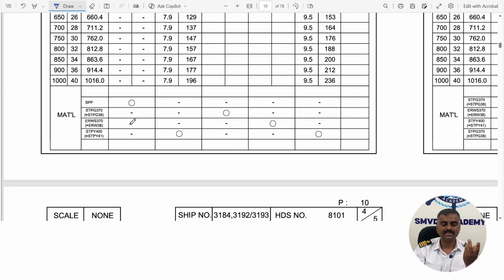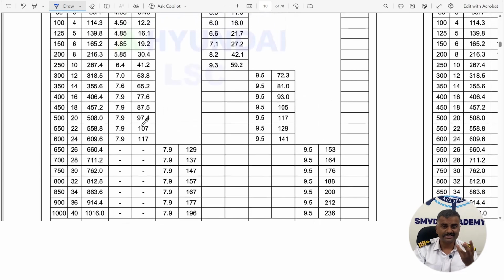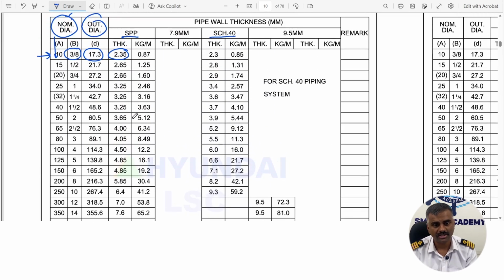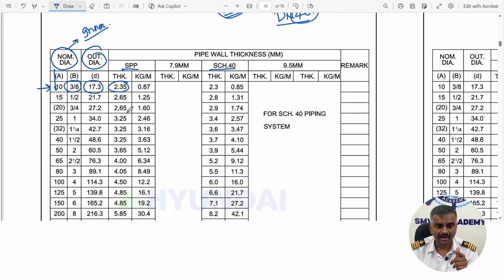STPY is arc welding. So in what kind of construction or what kind of material it is being used, that is the pipe material. On the basis of that, the pipe sizes will vary according to the tensile strength, but what remains constant is the nominal dia for the pipe.